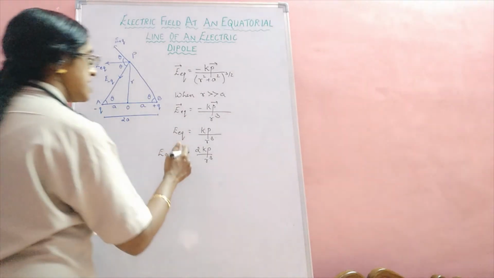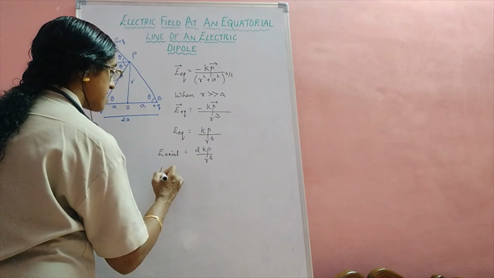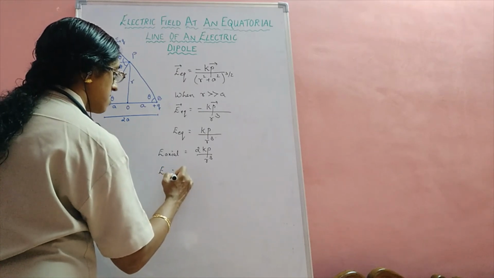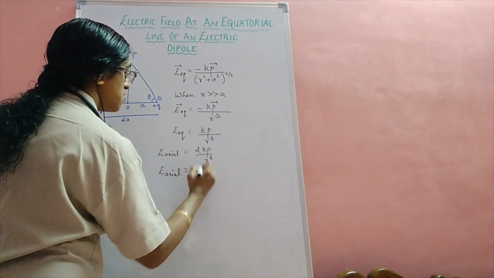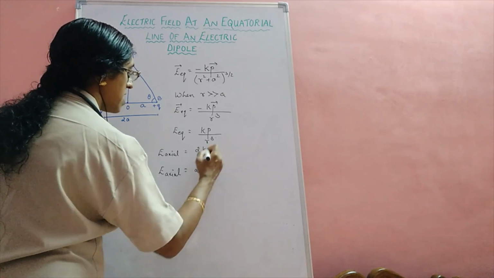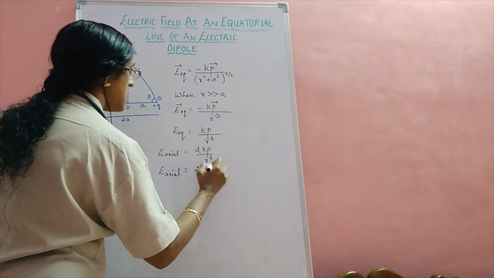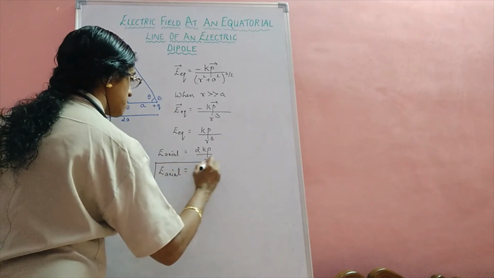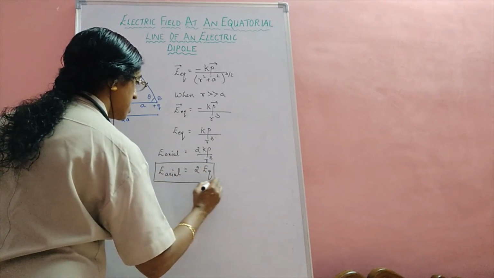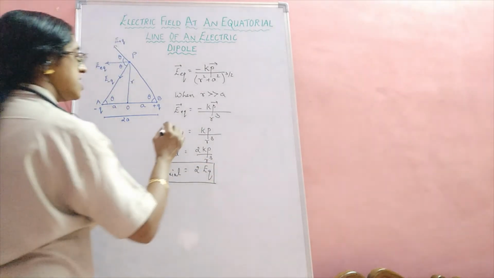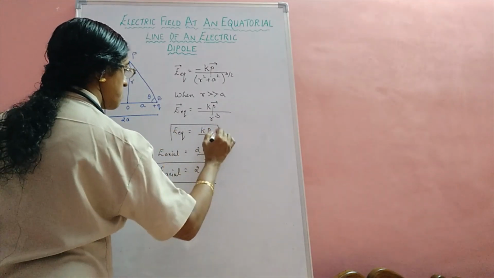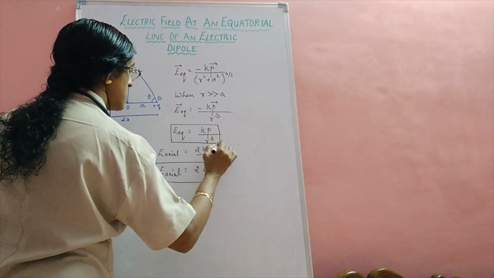So, I can write that E axial is equal to 2 times Kp by R cube, which can be written as 2 times E equatorial. So, this is the relation between E axial and E equatorial. Also, this is the formula for E equatorial.